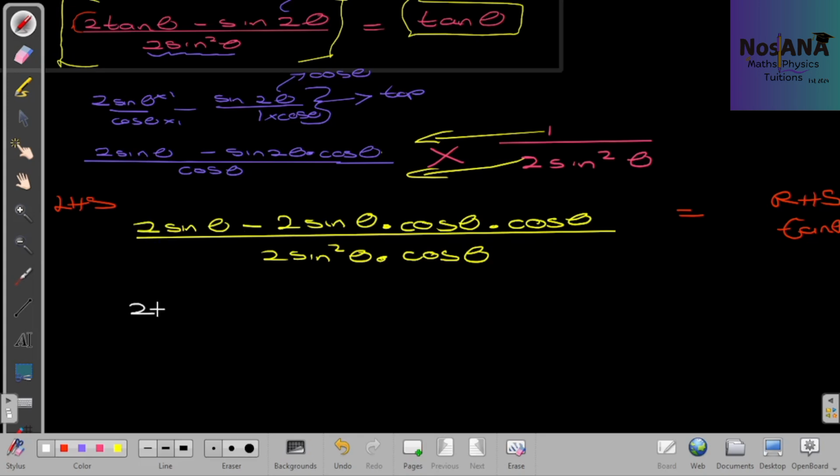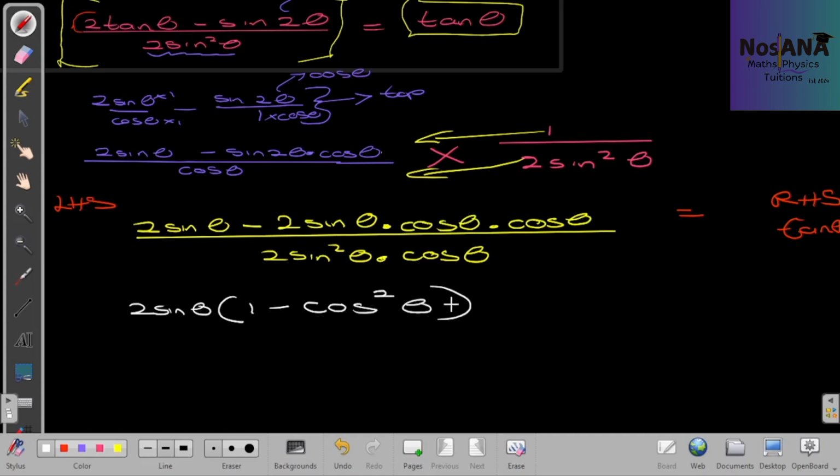I'm going to say 2 sine, right? Now when I'm factoring, this means that if I remove this 2 sine here, I'm going to have 1 minus cos, but I have cos and cos, so it's going to be cos squared theta, isn't it?